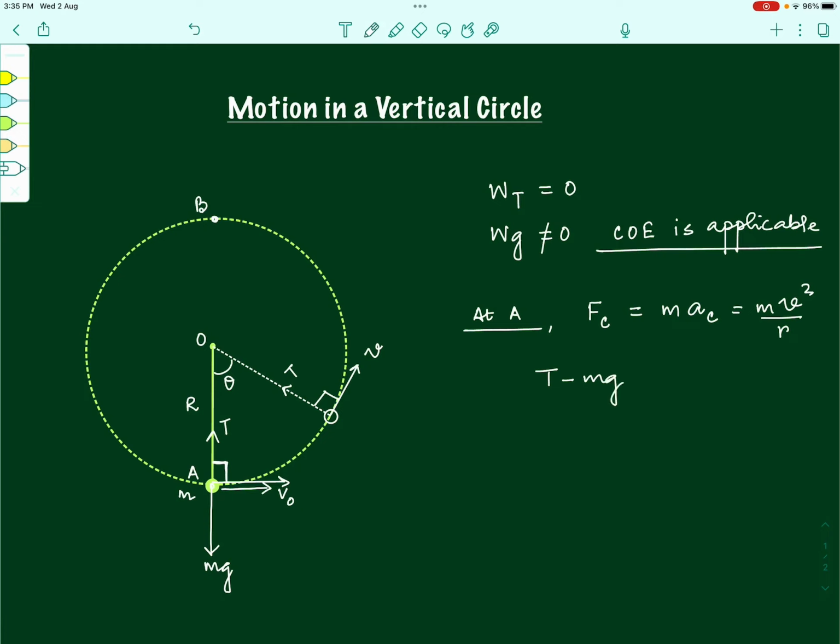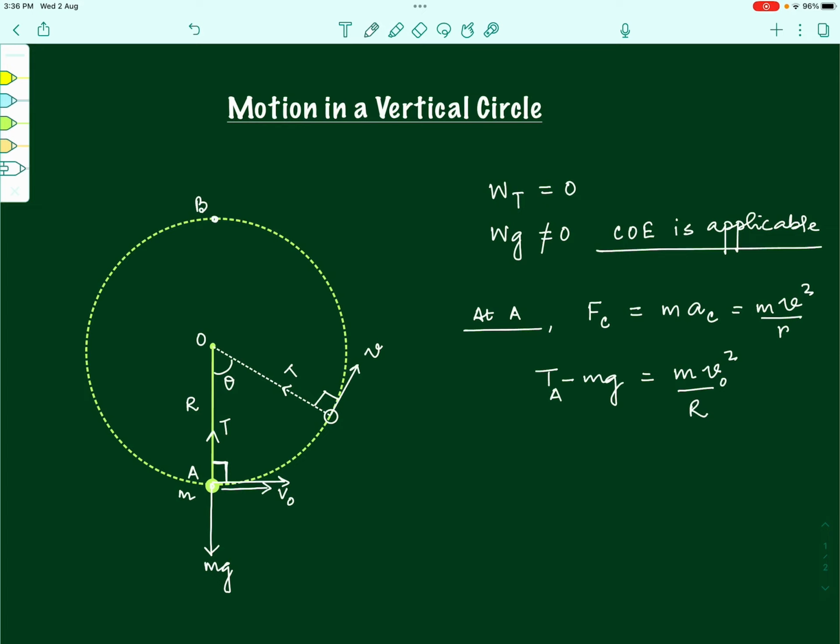Now this tension is the tension at the point A, so let us write it as TA, because at different points the tension will take different values. So TA minus mg becomes the net inward force, and that should be equal to the mass into the centripetal acceleration at the point A, which will be v naught squared by capital R, right?